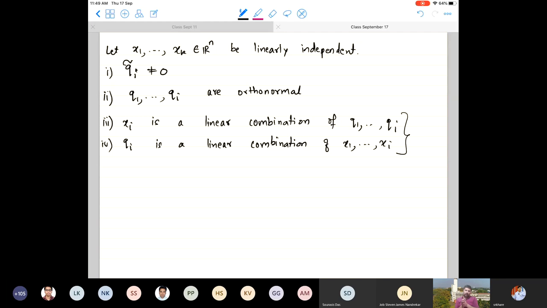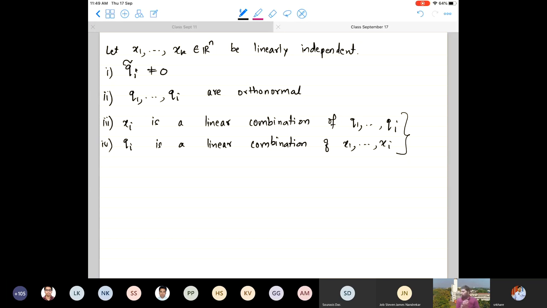You are constructing these vectors in such a way that the spans are also the same. So span of x1 is the same as span of q1, span of x1, x2 is the same as span of q1, q2, span of x1, x2, x3 is the same as span of q1, q2, q3. These are the conditions that are satisfied. Those things are basically said in properties 3 and 4.